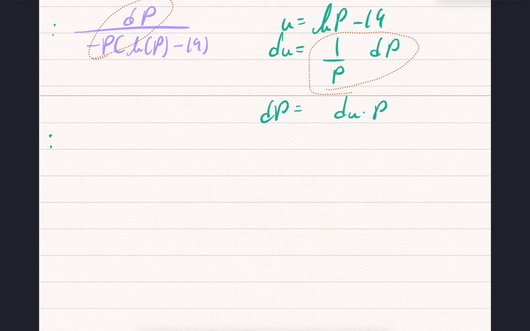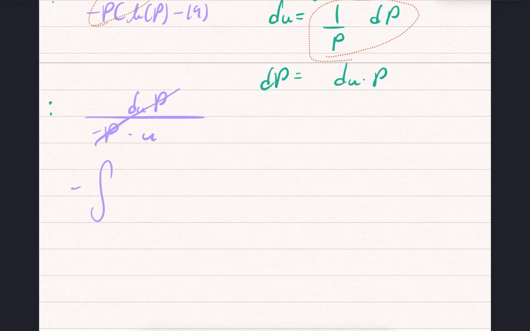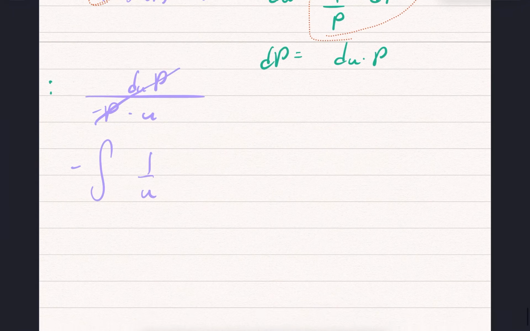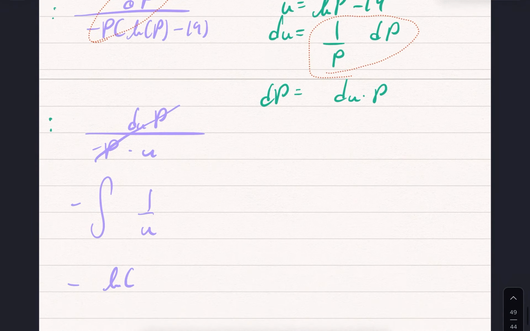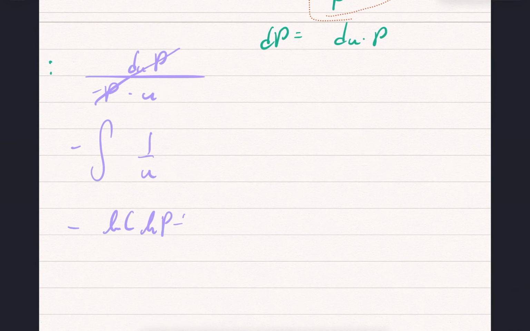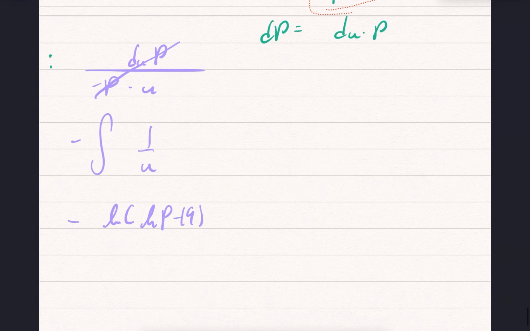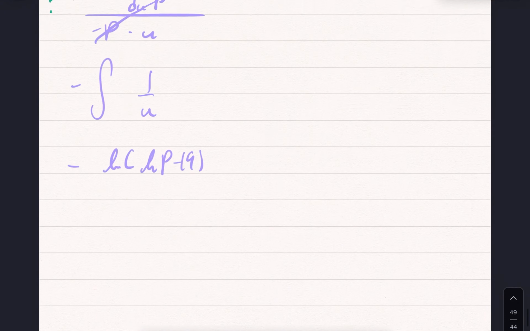But if I just continue on, I'm going to have du times p over negative p times u. Cancel that out. Negative the integral of 1 over u, and everything's chilling. Negative ln, and we'll sub u back in, ln p minus 19.